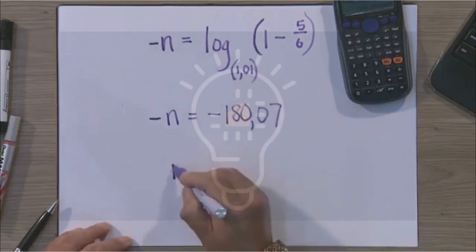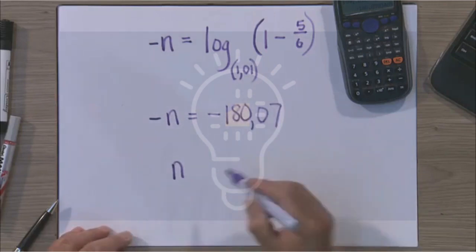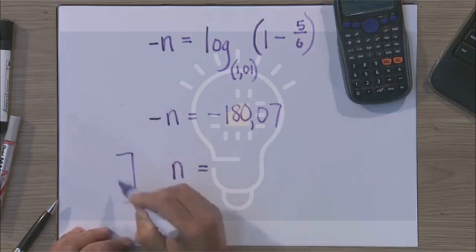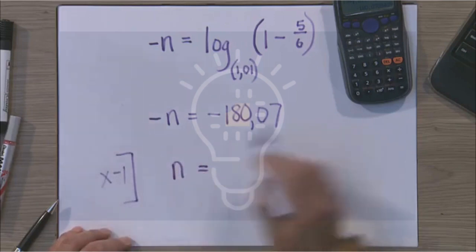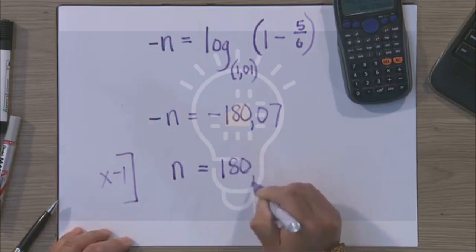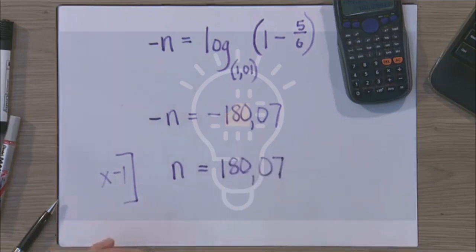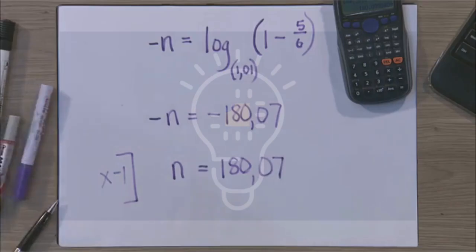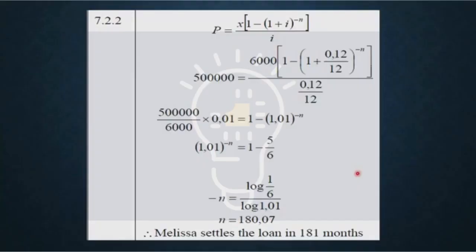To get a positive value, because we cannot have negative years, I simply multiply by -1 on both sides, and there I have my answer, 180,07. So, as you can see on the monitor, there we have it. Melissa settles the loan in 181 months when we round that off nicely.